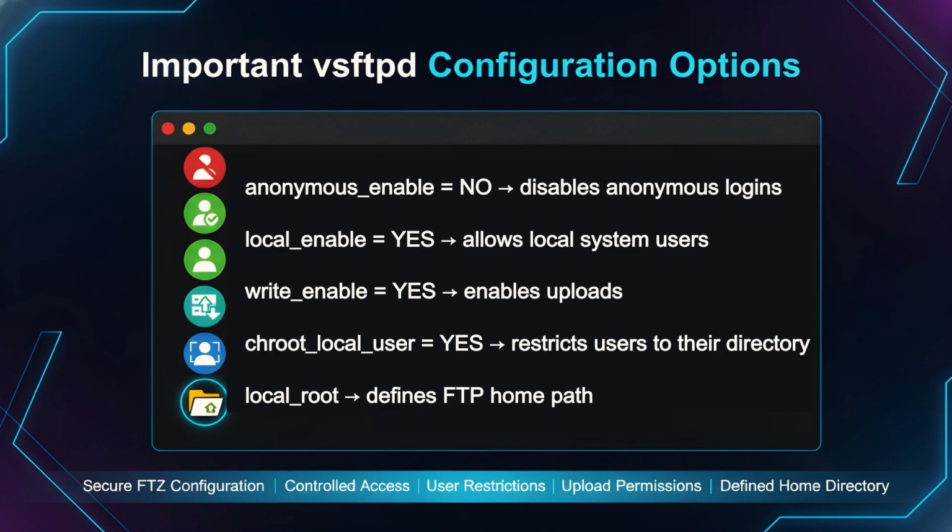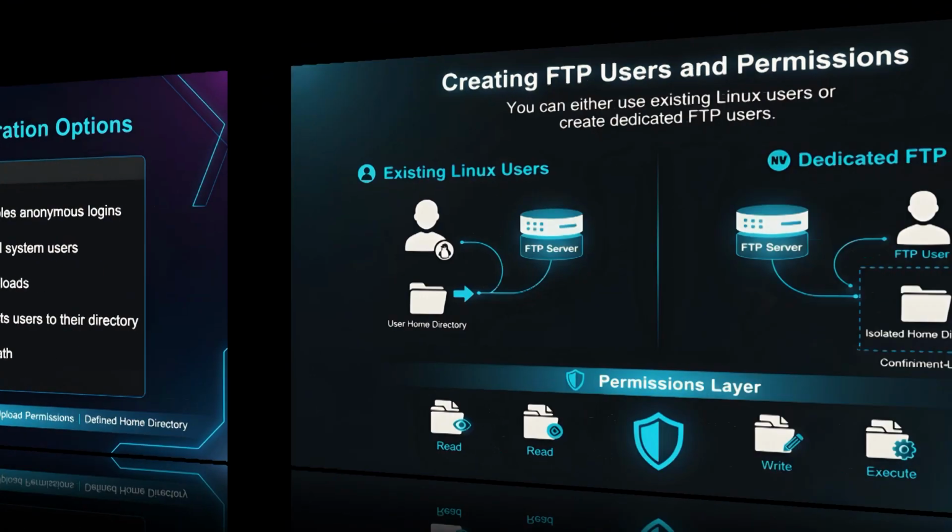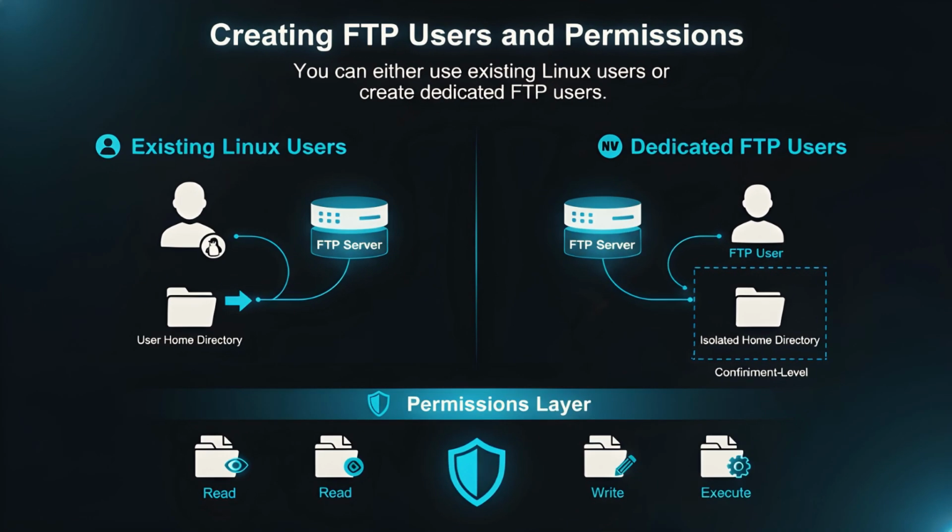So now you require the FTP users or clients to connect with the FTP server to upload or download the data. Before that, you can create the users. So we will learn how to create the FTP users and how to set their permissions. You can either use existing users or create dedicated FTP users.